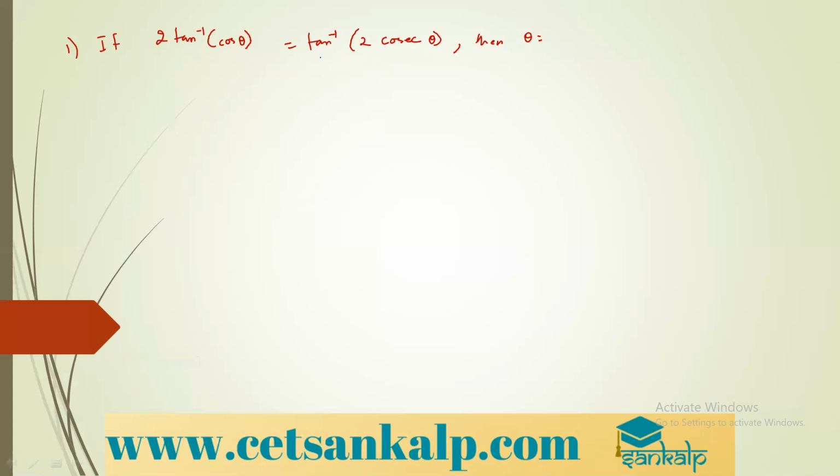The left hand side, according to the formula, 2 tan inverse x can be written as tan inverse 2x by (1 minus x square). This is what you can write.